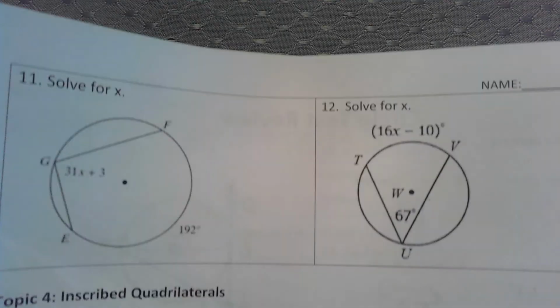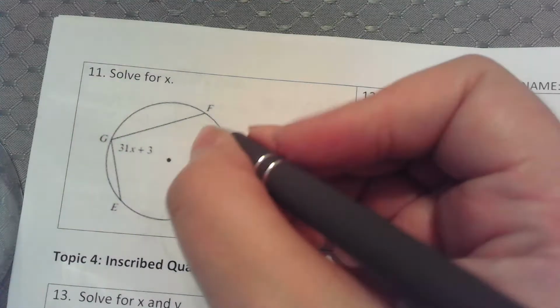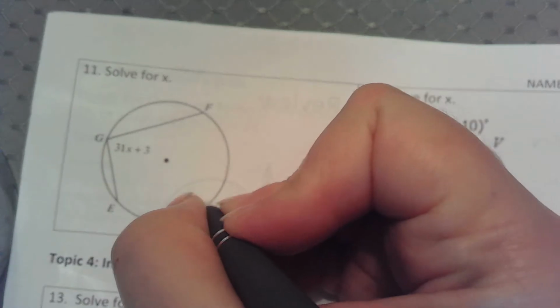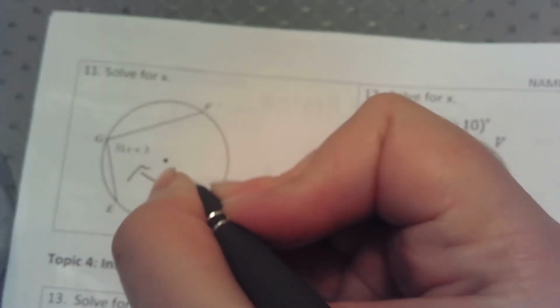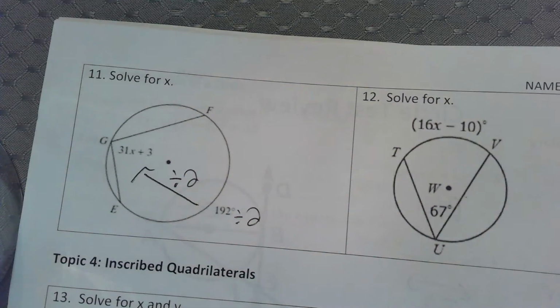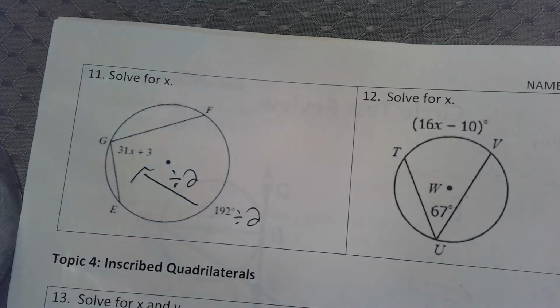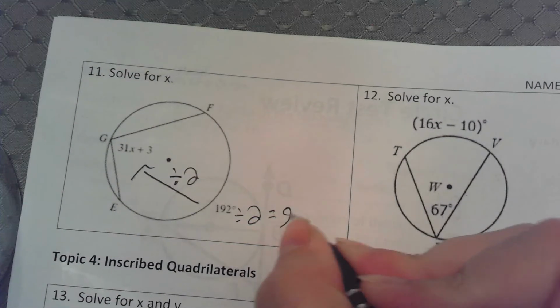Let's go on to the next page. This one, we're solving for x. Remember, we're going from arc to angle, so we're going to divide by 2. So 192 divided by 2 is 96.